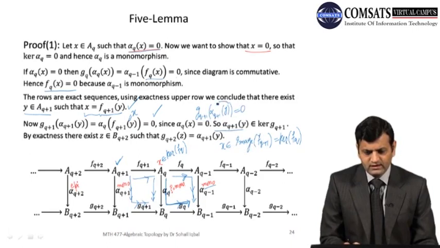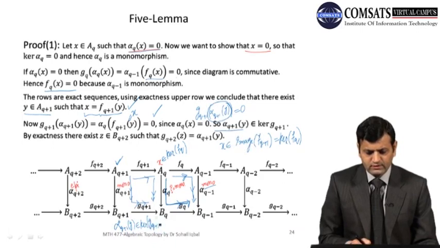It means that alpha q plus 1 y must belong to the kernel of g q plus 1. So we have an element alpha q plus 1 y belonging to the kernel of g q plus 1.